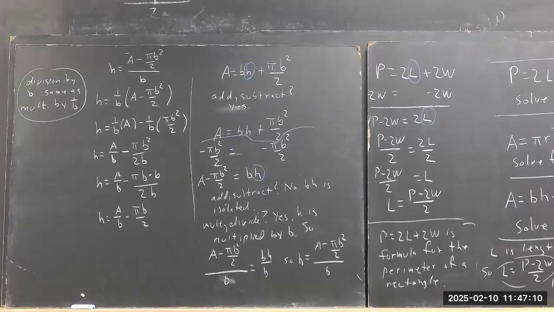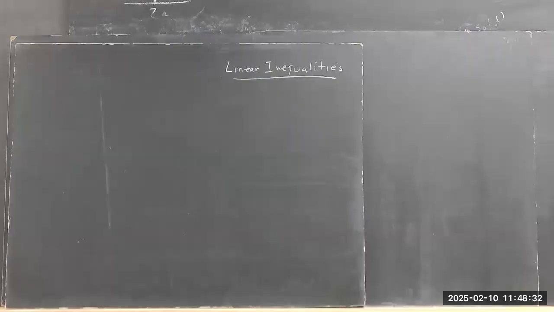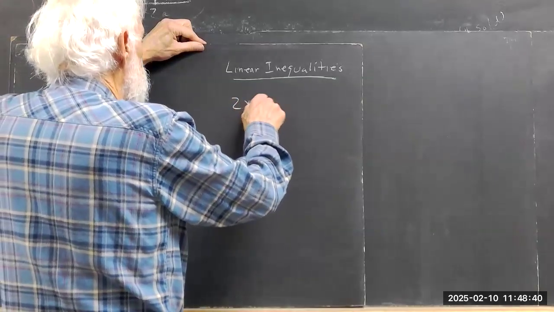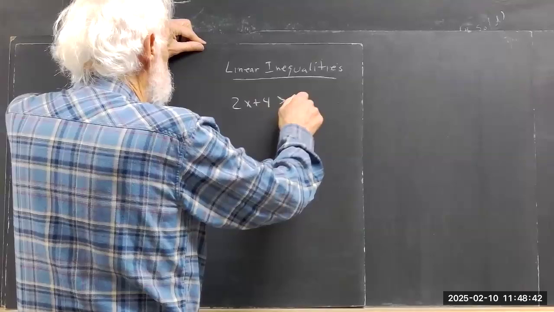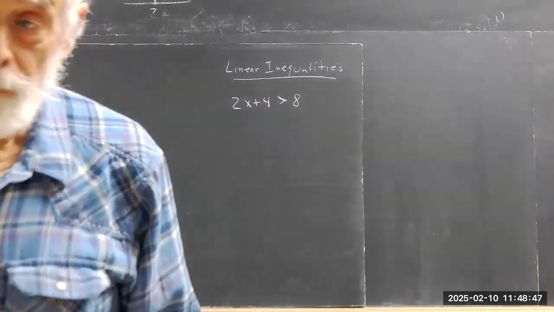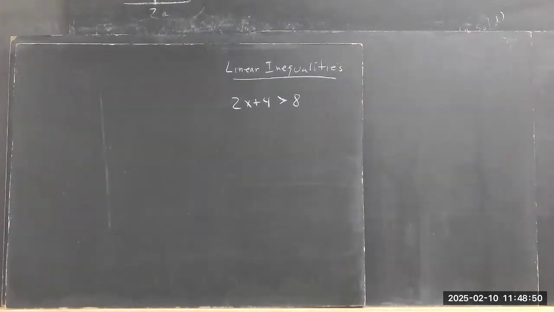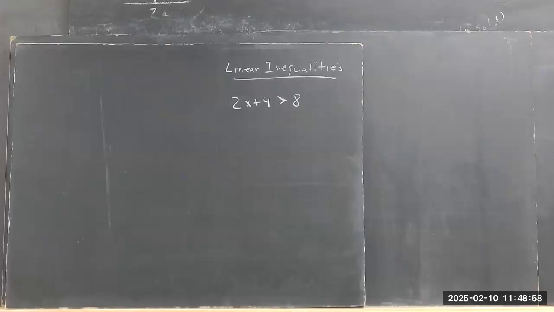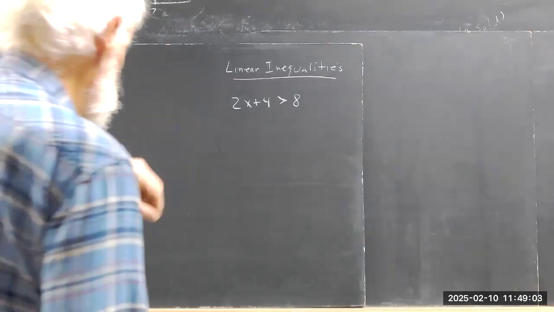Okay, we're going to move on and talk about inequalities, I think. Linear inequalities. Let's just say we have 2x plus 4 greater than 8. We can add or subtract the same quantity on both sides of an inequality, just as we would with an equality, just like we would if it was an equal sign here.